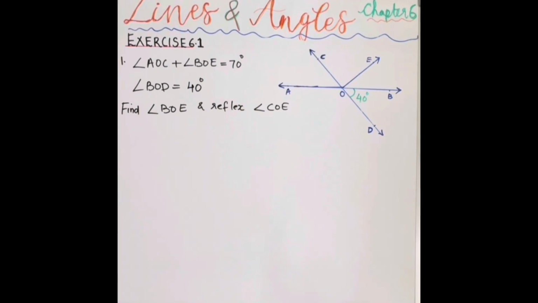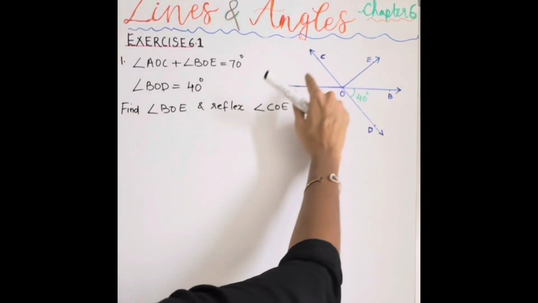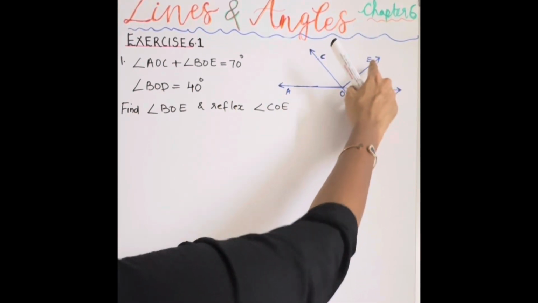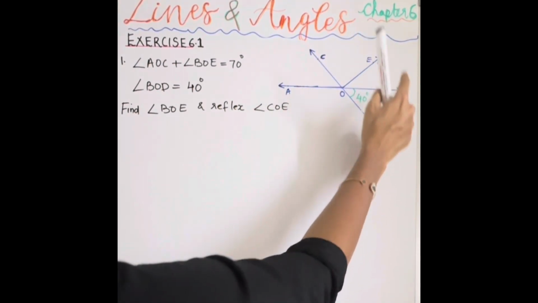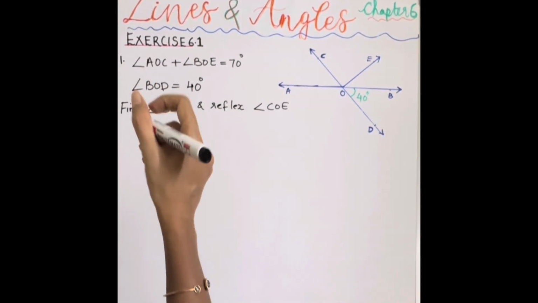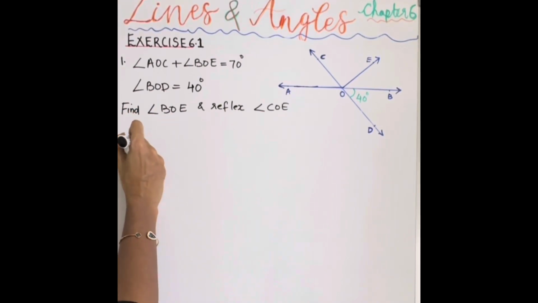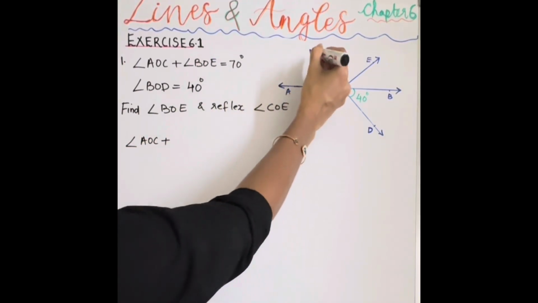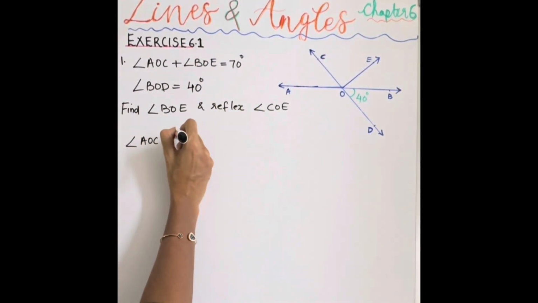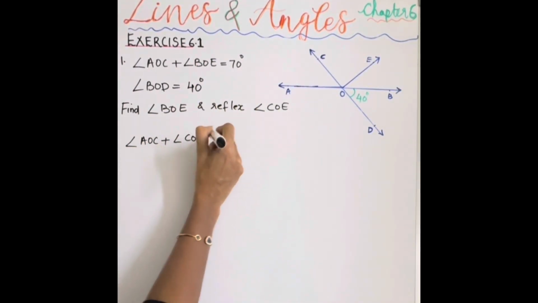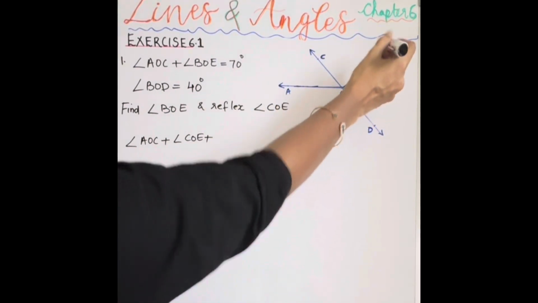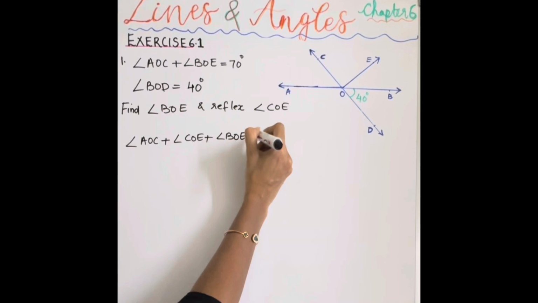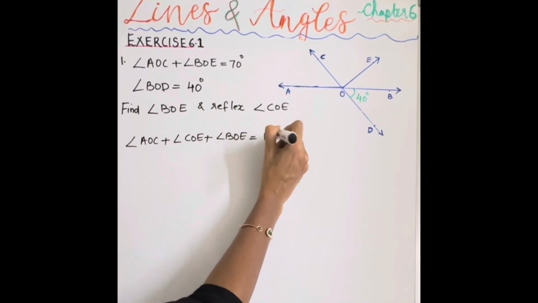Now consider line AB. You see AOC, COE and EOB or BOE forms a linear pair of angles. So we can write angle AOC plus angle COE plus angle BOE is 180 degree.